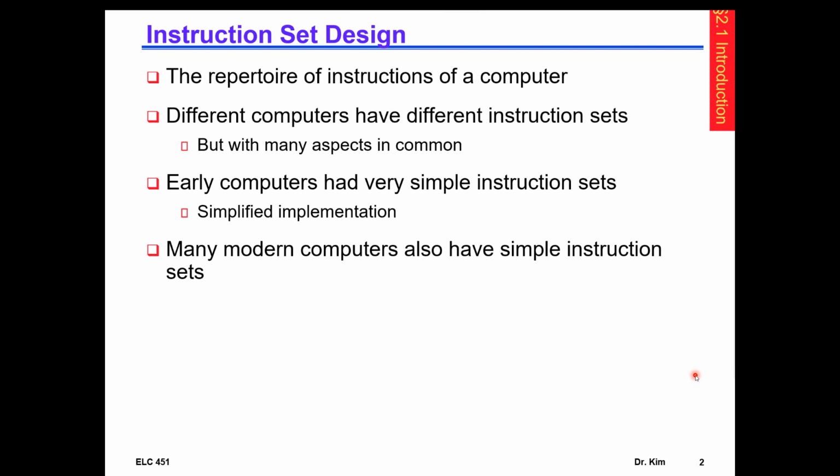And what that really means is that you trade off and provide simplicity so you can implement at a higher speed, at the expense of having to use more instructions, because the instructions are simpler. The premise of that is that memory is relatively inexpensive, and you can afford to have larger binary files for the programs because you require more instructions, because they do less. So we'll see that as we go through the chapter.